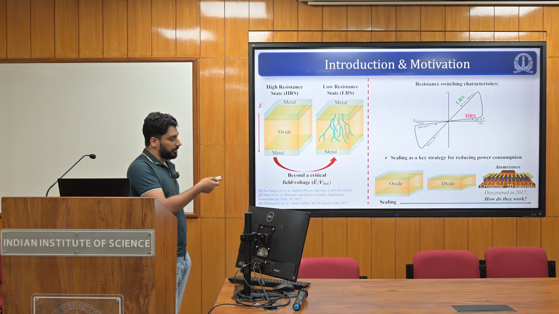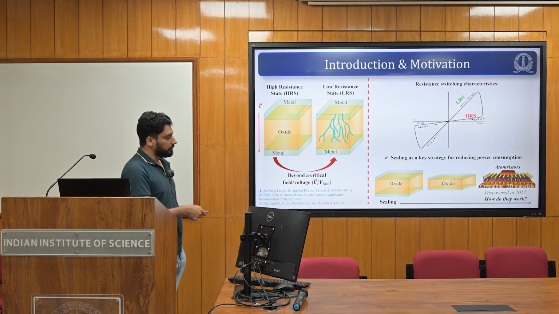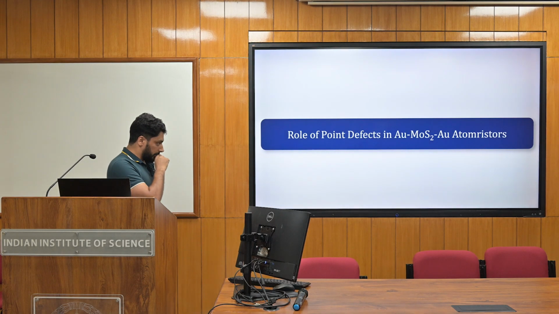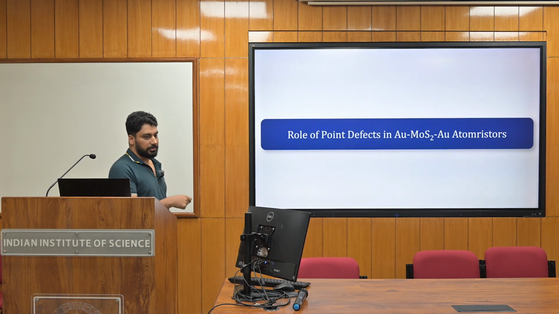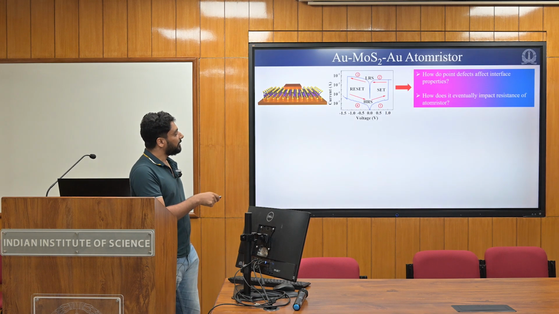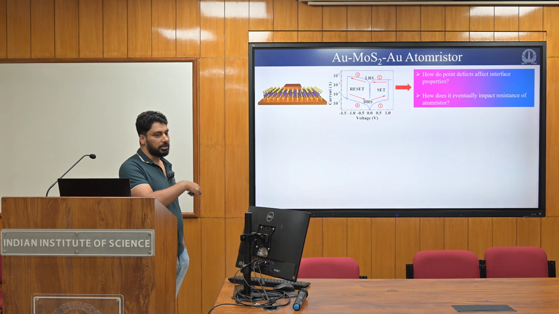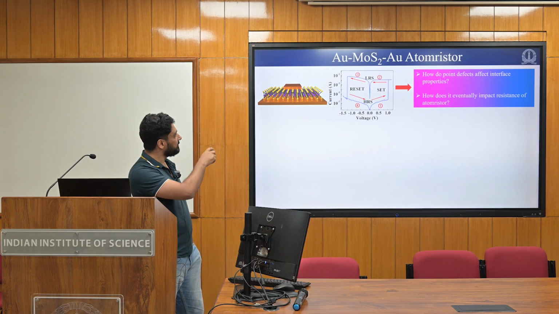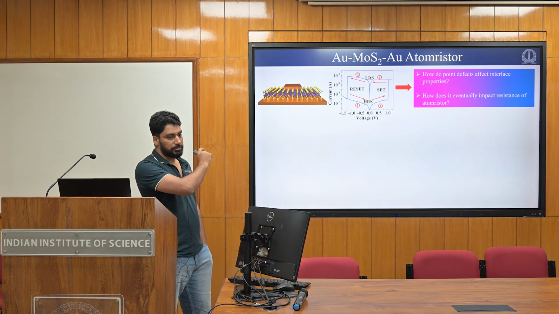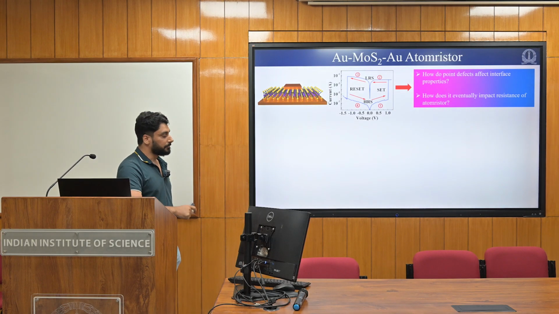That's where I picked up my PhD topic, and today we will talk about the role of point defects in these atomristors. The term atomristor is inherited from memristor, with the "atom" saying that since it's a 3 atoms thick monolayer, we call it atomristor.